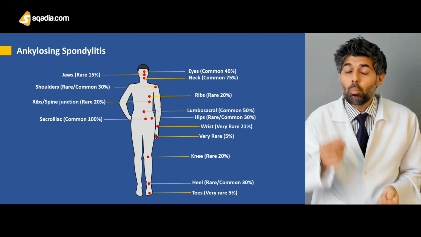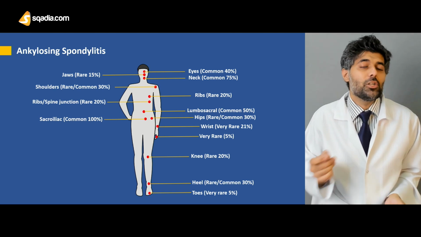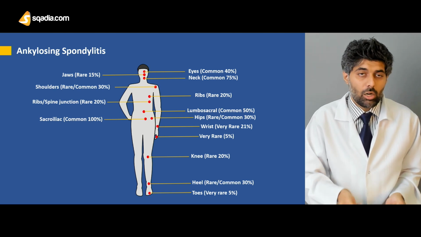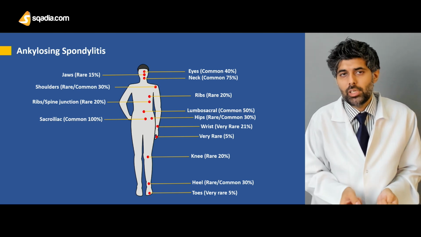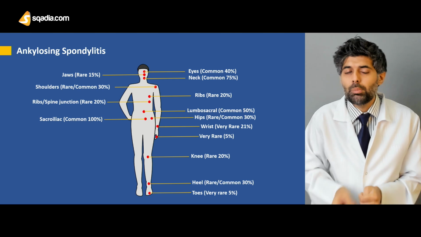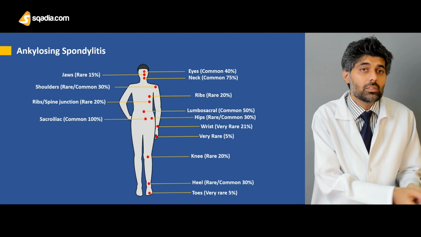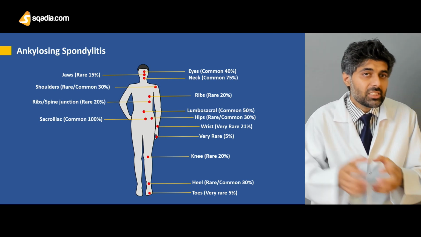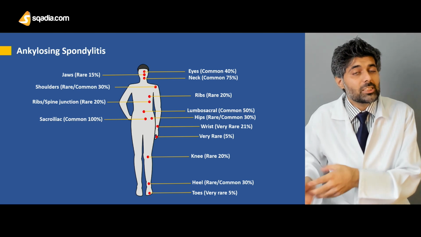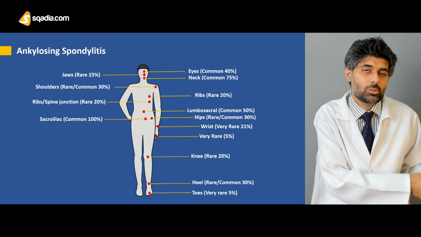The other most important presentation is anterior uveitis of the eyes. 40% of all patients will present with anterior uveitis, and it is important because sometimes anterior uveitis is antecedent to ankylosing spondylitis, meaning that sometimes it presents before the symptoms of ankylosing spondylitis even develop.